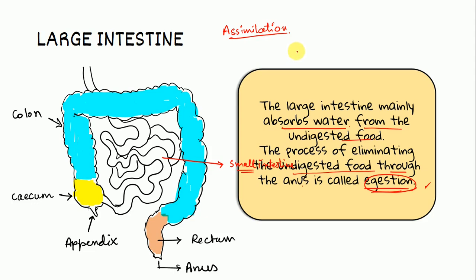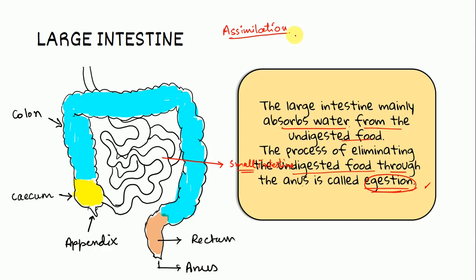We have already seen that all those nutrients are broken down into simpler substances: carbohydrates into glucose, proteins into amino acids, and fats into fatty acids. Those smaller substances are absorbed in our body and utilized to provide us with energy or to build other substances.